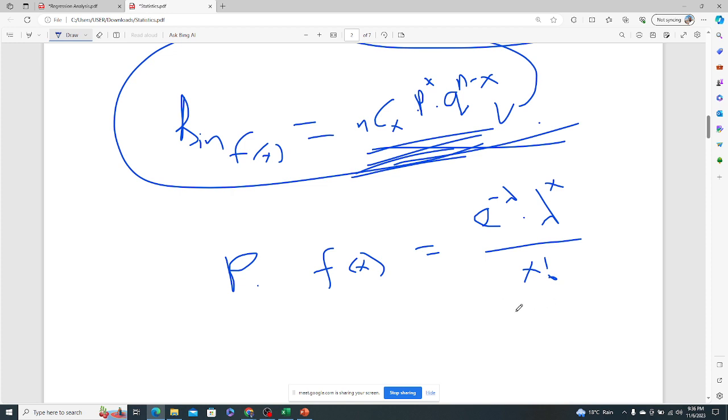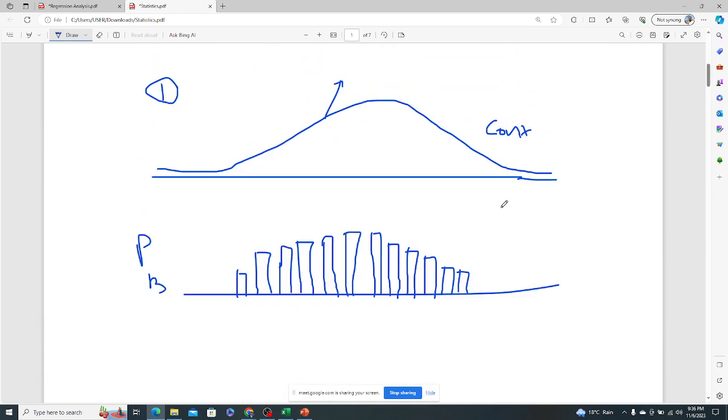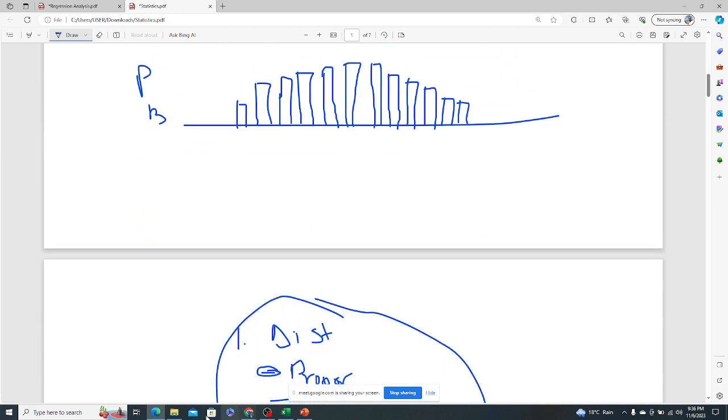We shall break all this down to check what lambda is. In this case it will be our mean, and x will be our number of events. We'll break them down during our practicals.